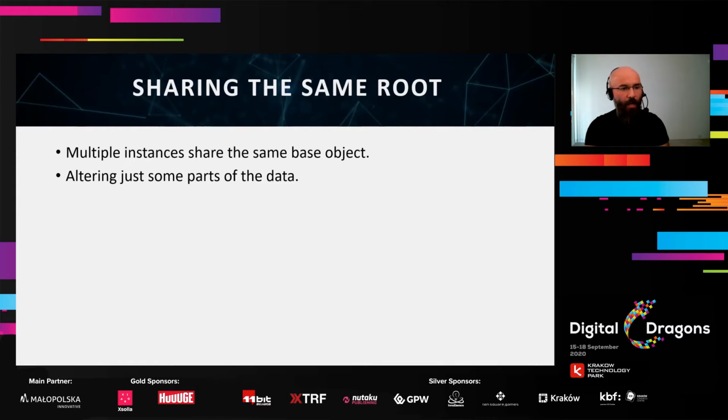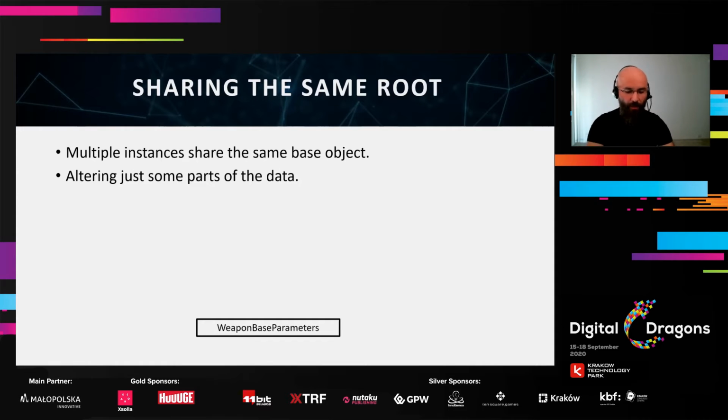So we want to share the same data for multiple weapons and just change some smaller subset of values for specific kinds of weapons. So this is very similar to how inheritance works in programming.